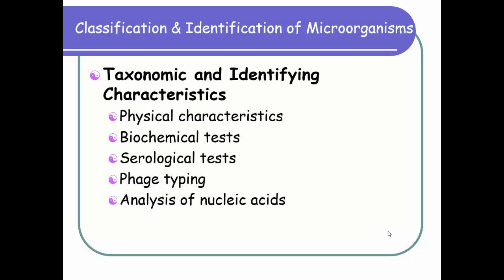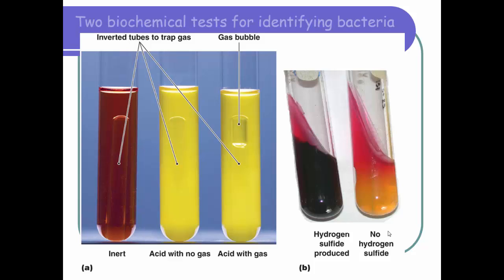In classifying and identifying microorganisms, we use taxonomy and identifying characteristics. We've discussed these, but physical characteristics, what do they look like? Biochemical testing that we will be doing in the lab, serological testing, phage typing, and analysis of nucleic acids.